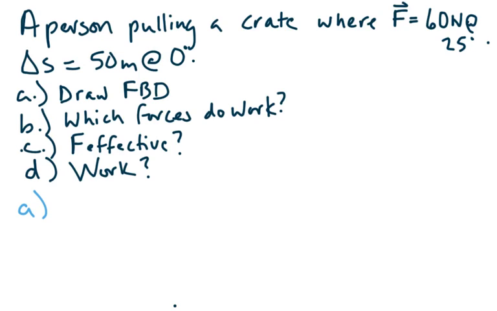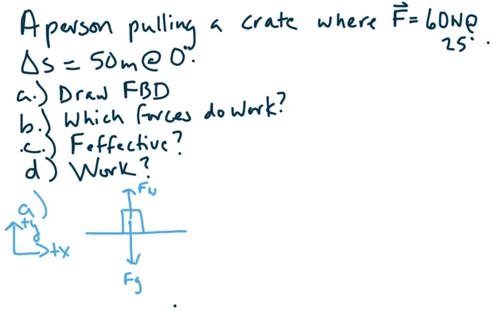I'm going to state my axis as being positive x and positive y. So I've got my surface here, right? I've got my box. I know that I have a normal force going up, and I know that I have the force of gravity going down.